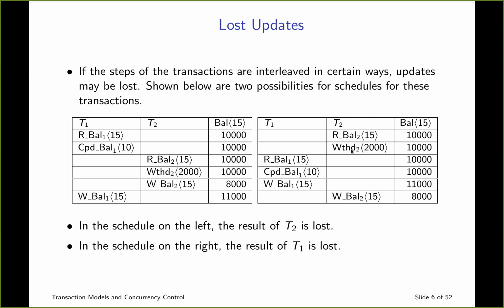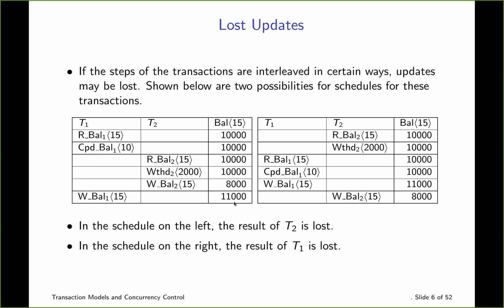In this case, transaction 1 does the compound inside its local memory, and then in sneaks number 2 where it withdraws the 2,000, and it updates the database value for the balance of account number 15 to 8,000. But then along comes this write, part of transaction T1, and it clobbers the 8,000 and puts 11,000 in its place.